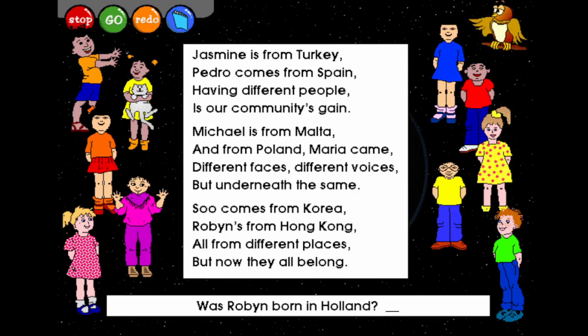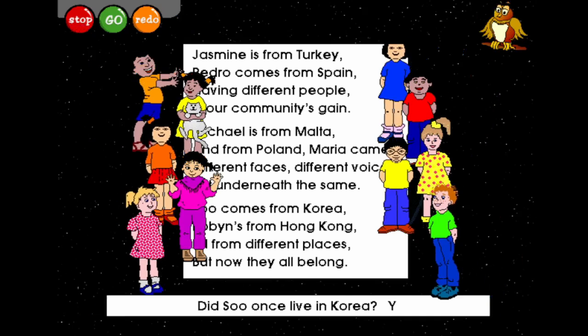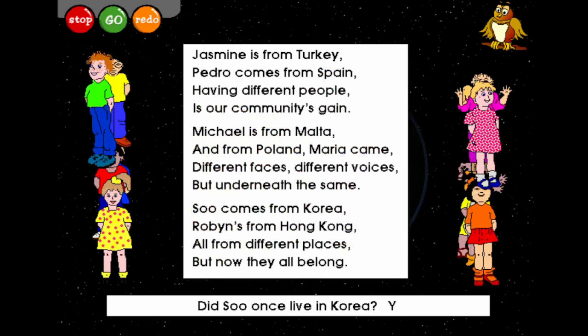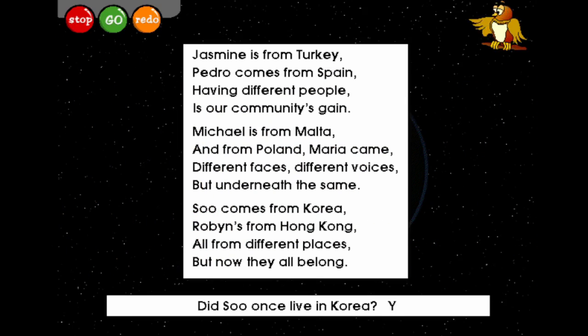Type Y if Robin was born in Holland, or N if she was born in another country. Type Y if all the children come from the same country. Type Y if Sue came from Korea, or N if she came from another country. Terrific. Click on Go to do some more.